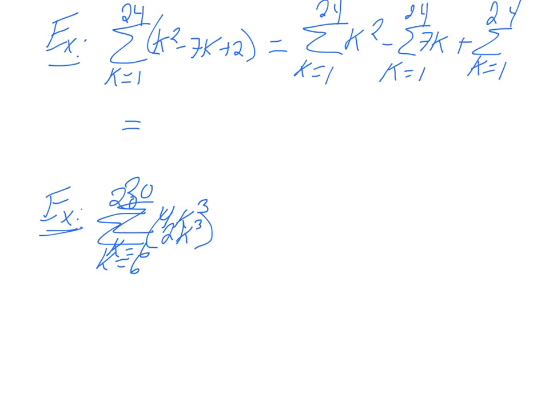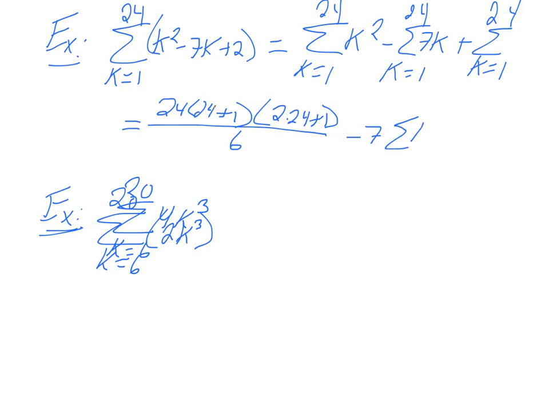Which is going to be 24 times 24 plus 1 times 2 times 24 plus 1, all over 6, minus, and then for this one we're going to pull out the 7 first, right?